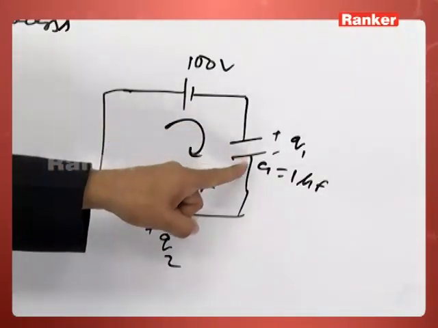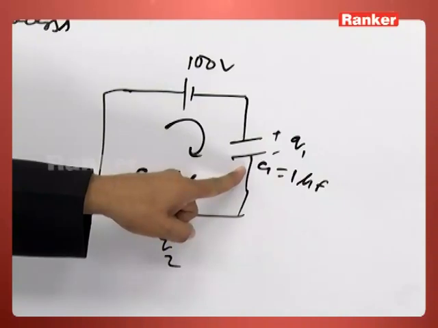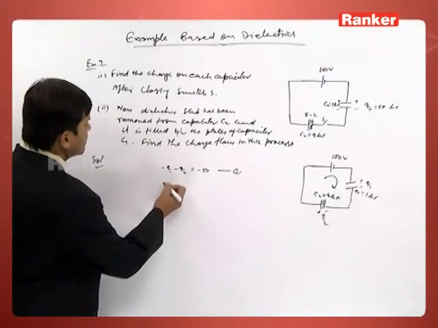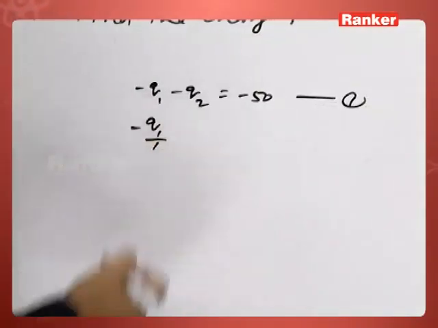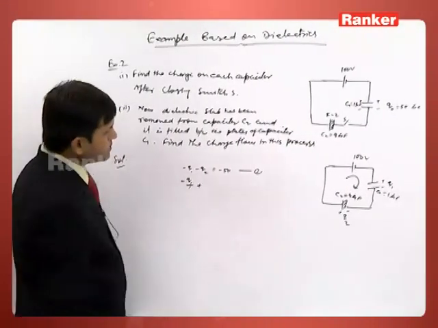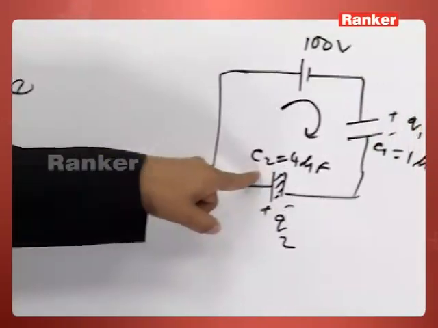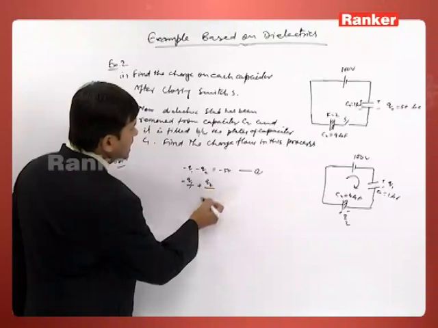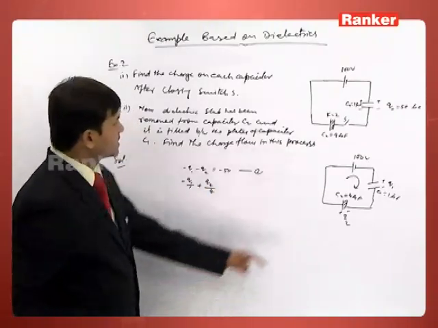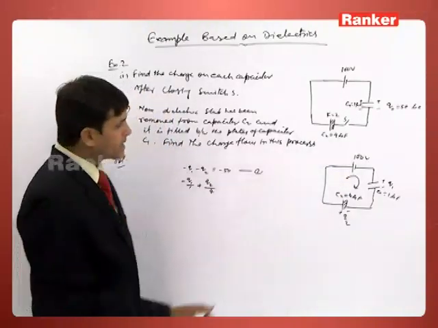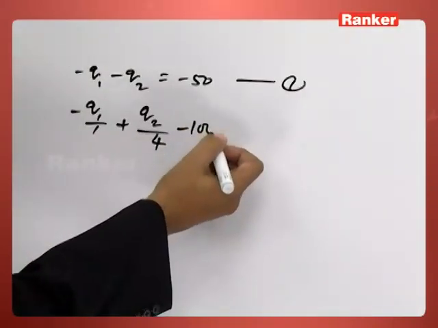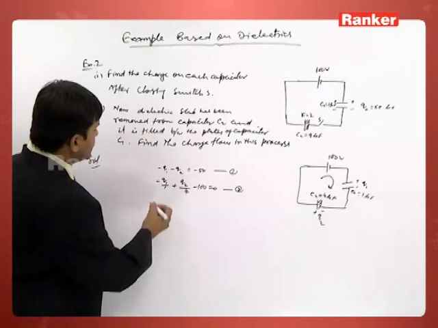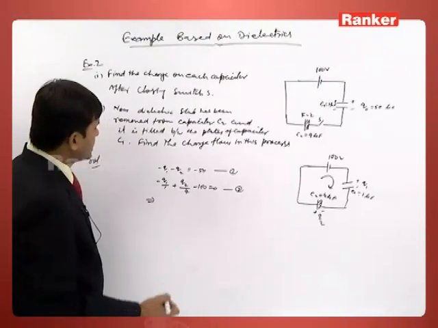Now we can start from here. Minus Q1 by C1 plus Q2 by C2. So minus Q1 by 1 plus Q2, which we have to find, by C2 which is 4, and then minus 100, that is equal to 0. This is the second equation, and this equation we can further modify.